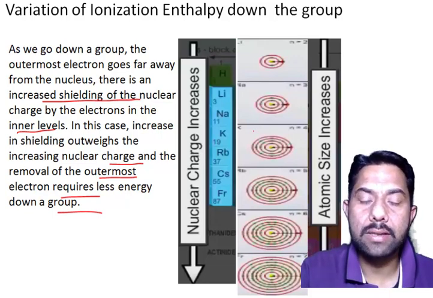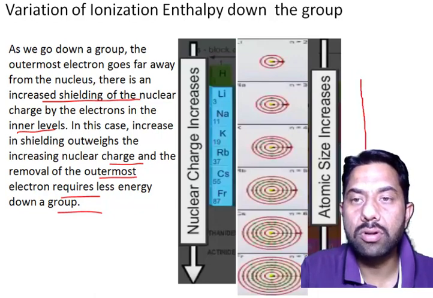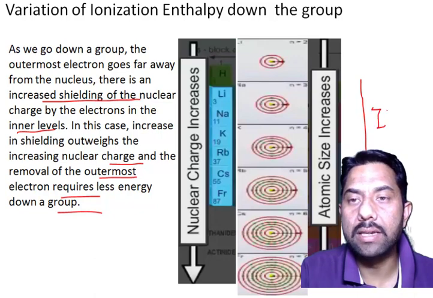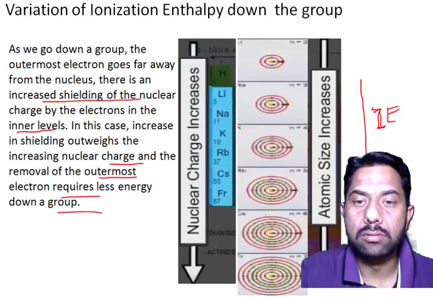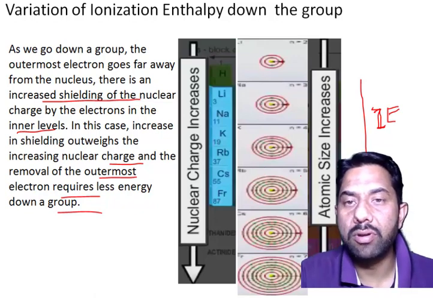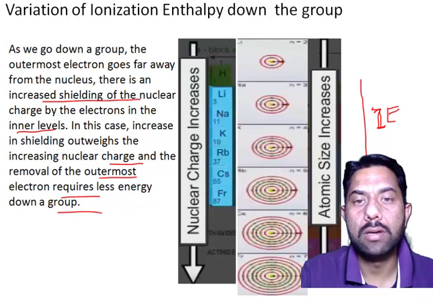So the conclusion is that the value of ionization enthalpy goes on decreasing down the group. IE value decreases as we descend the group, the reason being increased size. Or we can say that the inner electrons tend to repel the outermost electron, hence the shielding effect is more, which results in easier removal of the electron.